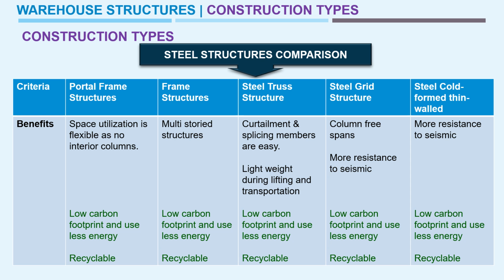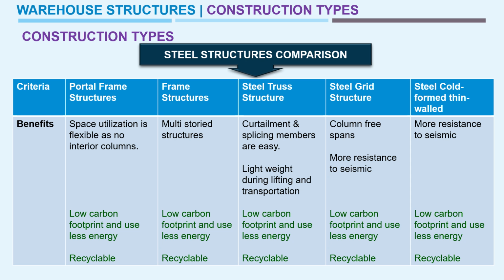So lifting and transportation is a good benefit in steel truss structures. Small pieces of members can be transported to the project site, and there the assembly can be done, because all the members are connected with bolts, so we can fix them at the project site itself.